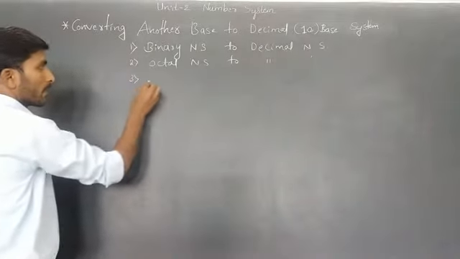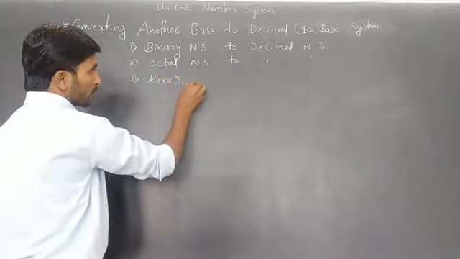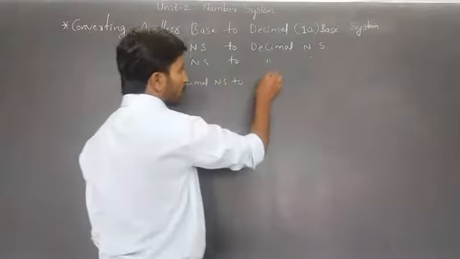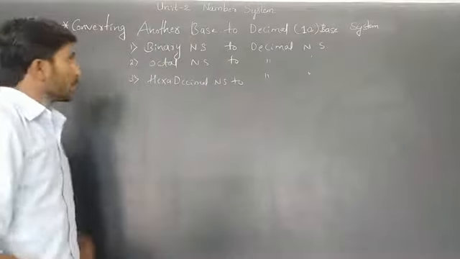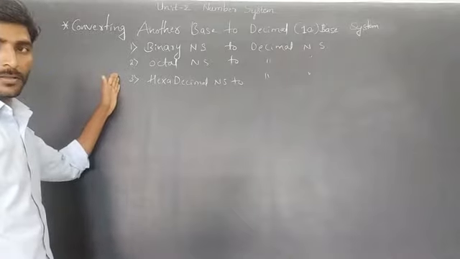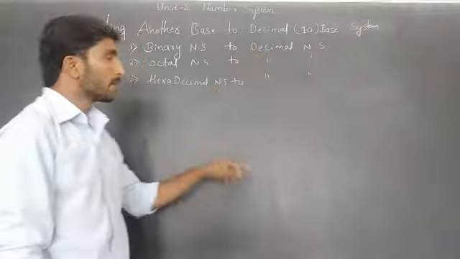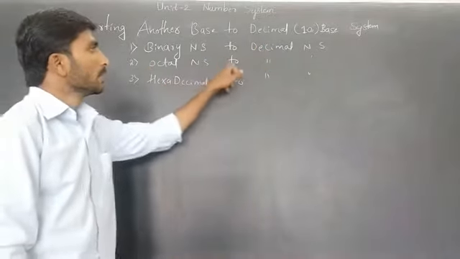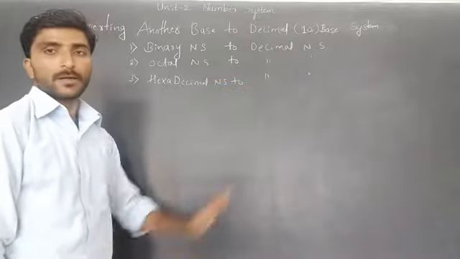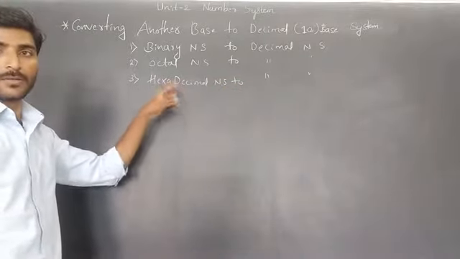The third one is hexadecimal number system to again decimal number system. So in these conversions we are going to discuss three points: binary to decimal, octal to decimal, and hexadecimal to decimal. We are going to cover these one by one.